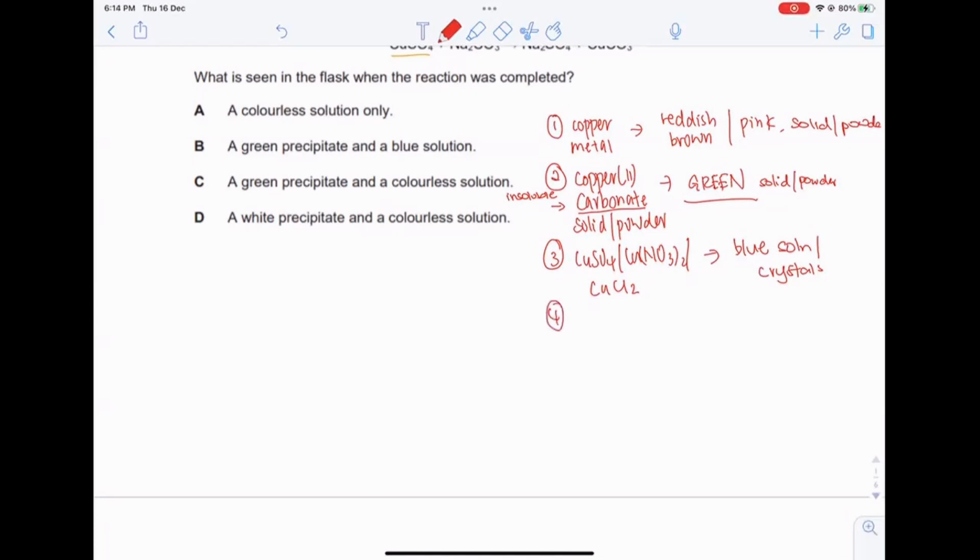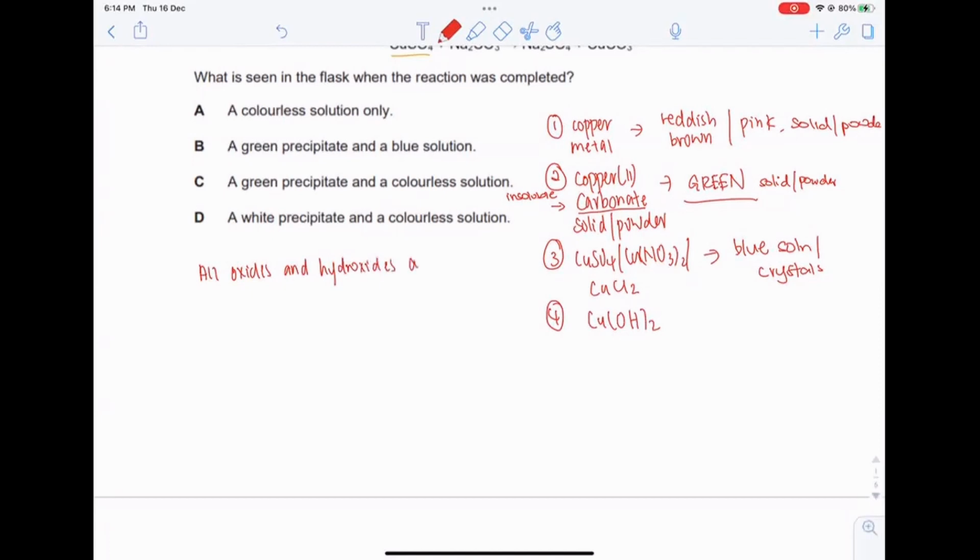And then the last one that you need to know is copper 2 hydroxide. All oxides and hydroxides, in case you don't know this, because not all schools teach it. You all learn sulfates, chlorides, nitrates, carbonates, but not all schools learn oxides and hydroxides. So I'm just writing it down.